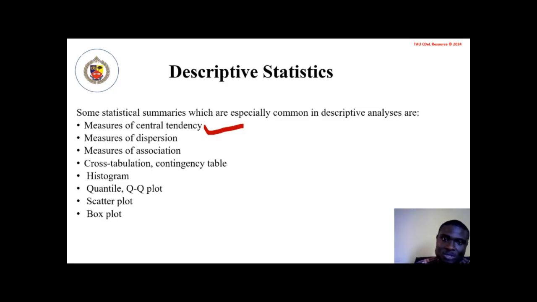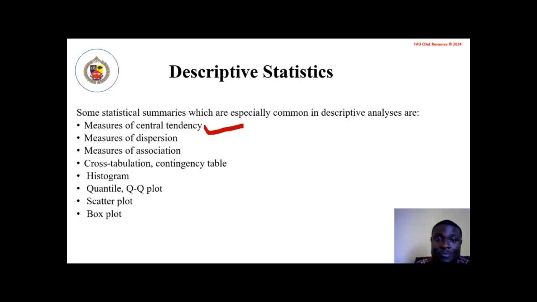All this terminology might not make much sense, but by the time we look at illustrative examples, it will make much better sense. Measure of association, we're talking about tests here.